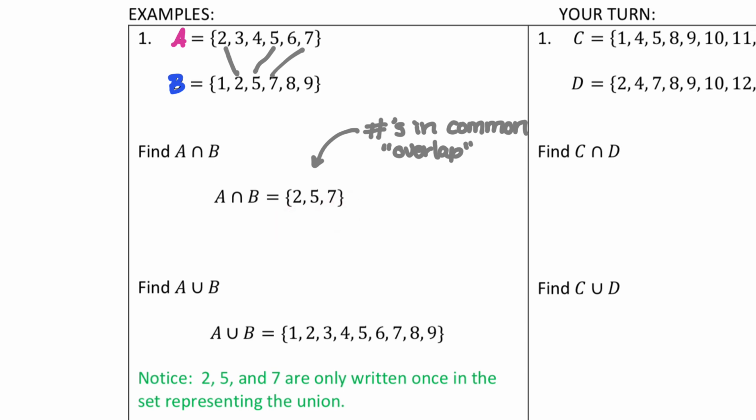Okay, at the bottom of this part we have, or the next part, sorry, we have the union of A and B. And the union is everything in both. Okay, so we look up at the original, and if you notice, this is in order. They don't have to be.